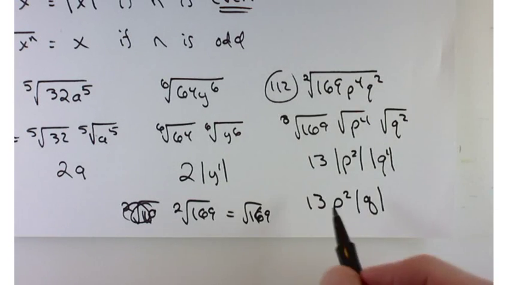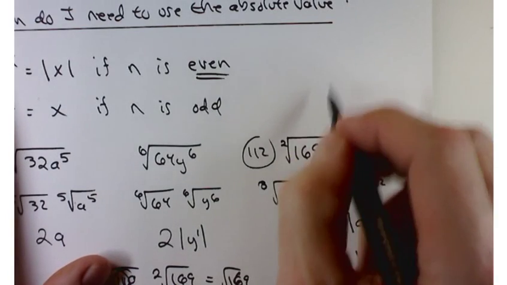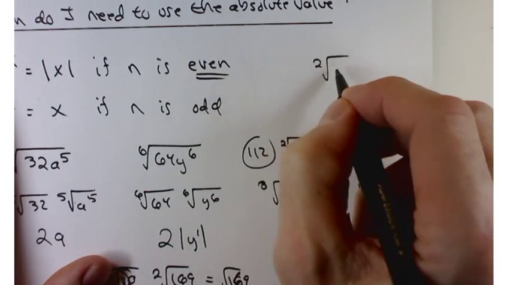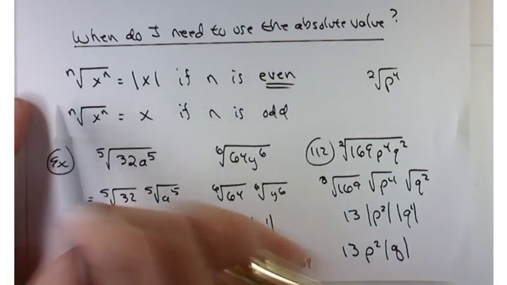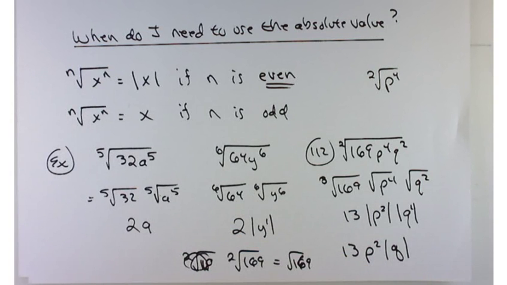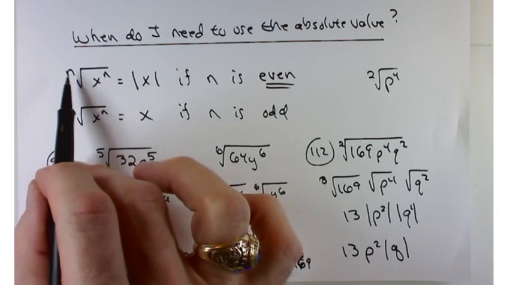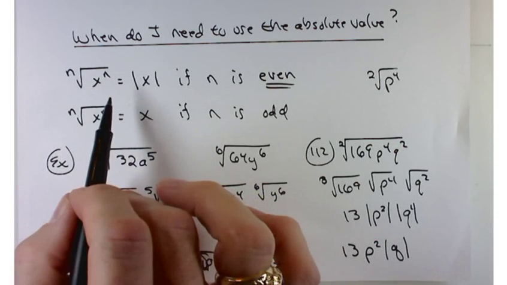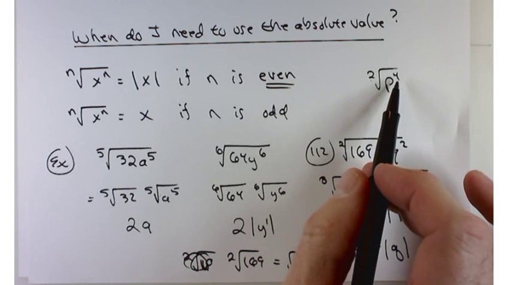Now, you bring up a great question, and it's a good little teaching opportunity here for me. If you look back at this one, you've got the square root of p to the fourth. Is that a case that's covered by this little thing that I gave you here? Not really. What has to happen in order to use this rule is that these two things have to match, don't they? And these don't. That's p to the fourth.